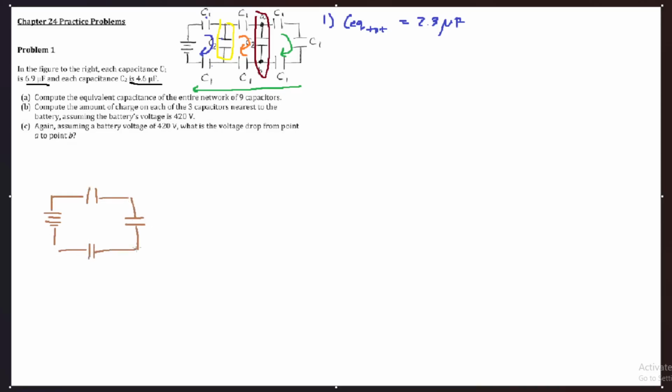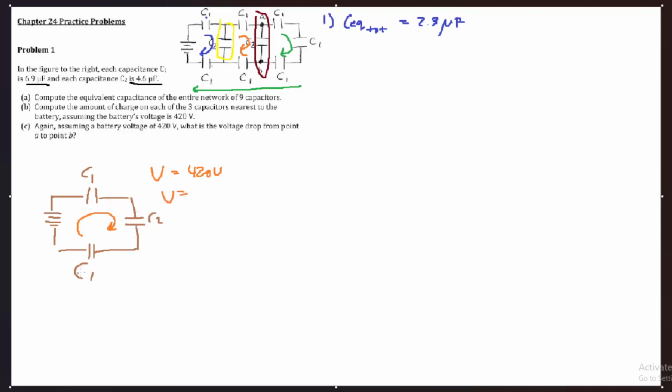So this is the system that it wants us to look at, where it's C1, C2, and another C1, and then the voltage is equal to 420 volts. But this voltage is split between three capacitors.